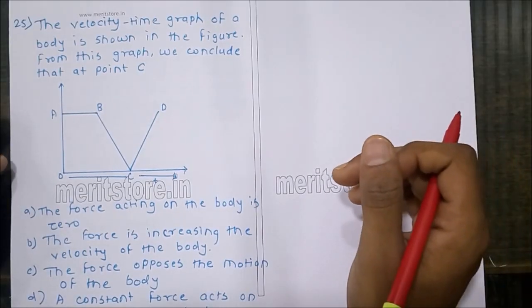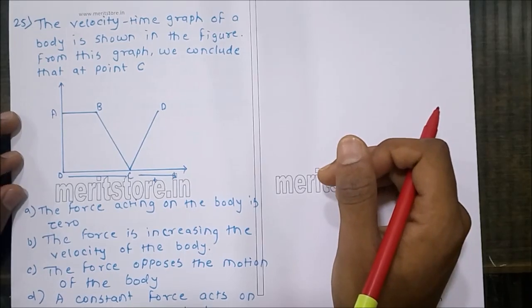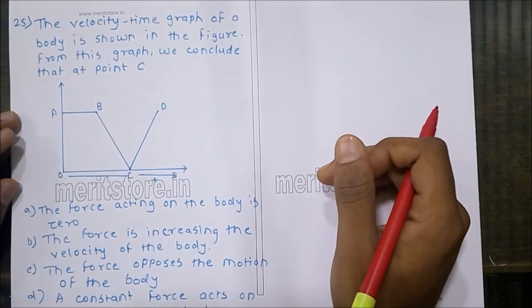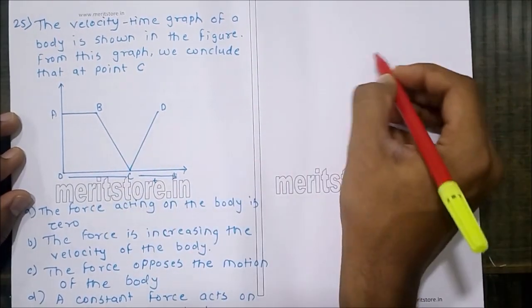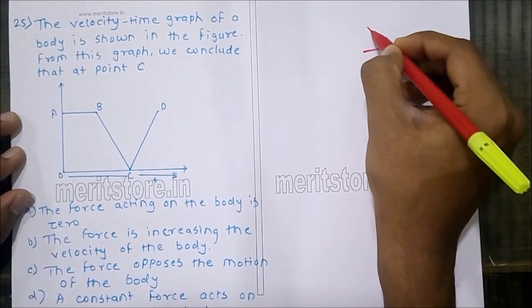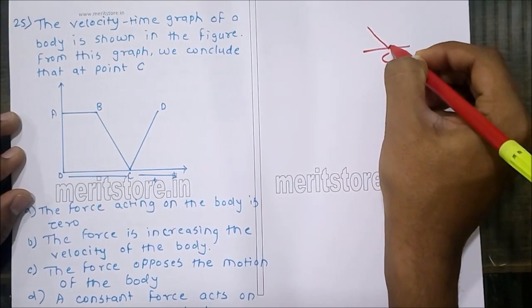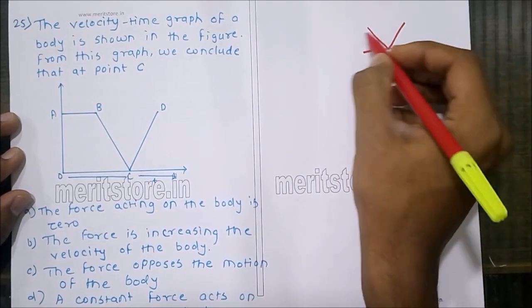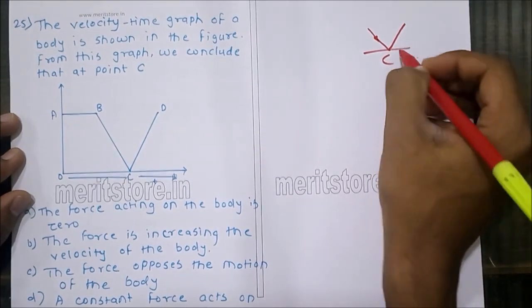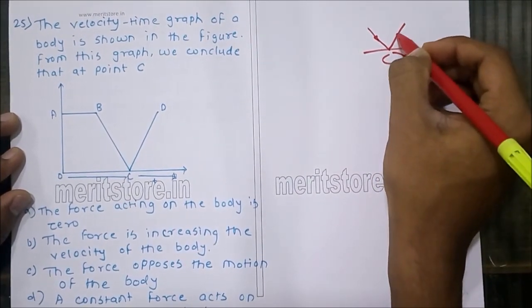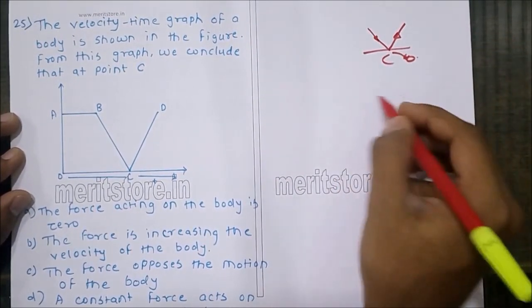The velocity time graph of a body is shown in the figure. From this graph we conclude that at point C, let us look at the graph. At point C, the graph first decreases and then increases suddenly. So the velocity is continuously decreasing, reaches the value 0 at this point C and again starts increasing.